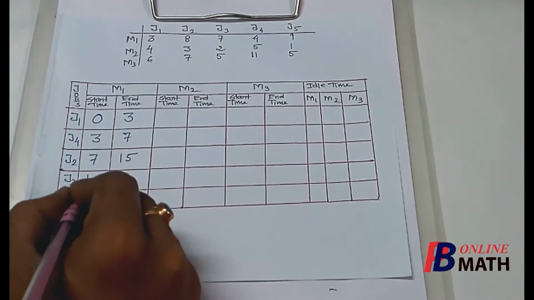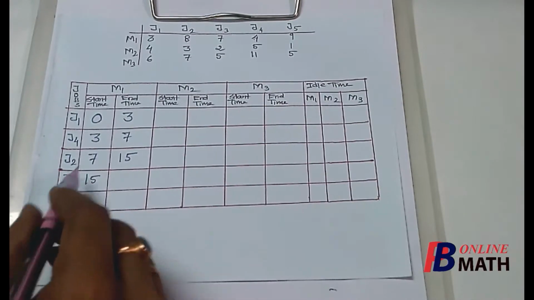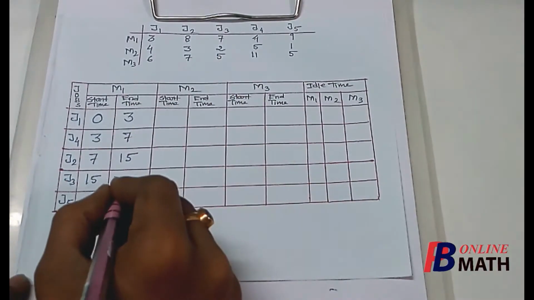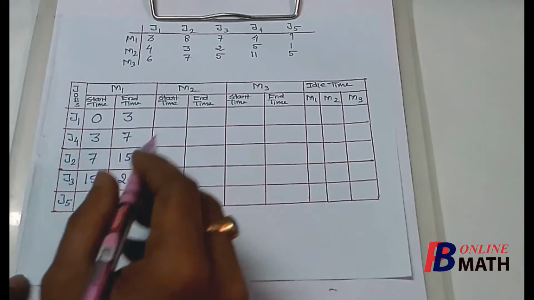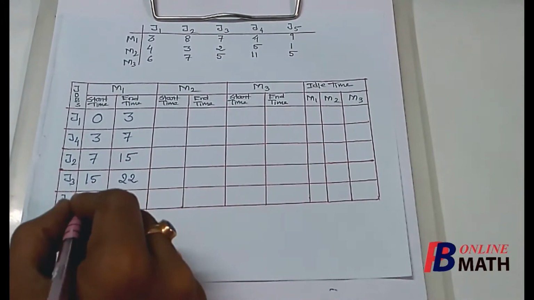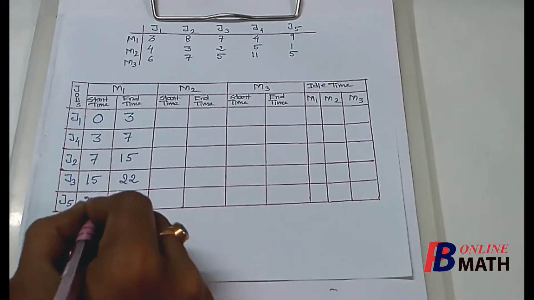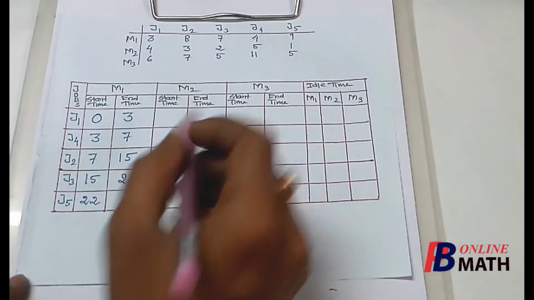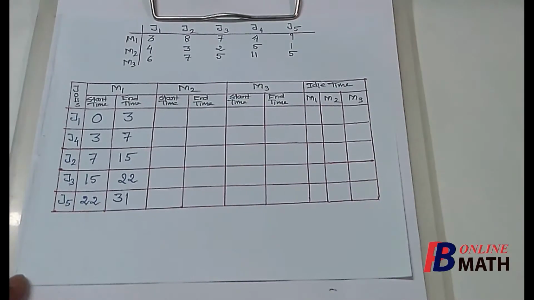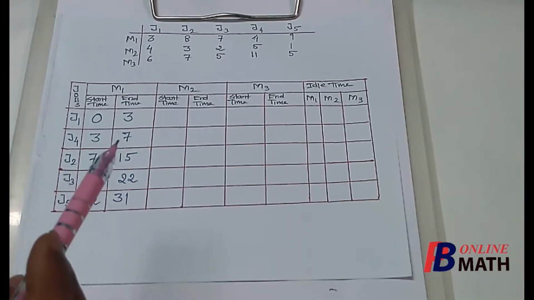For J3 start time is 15 and end time will be 15 plus 7, which is 22. And finally for J5 the start time is 22 and end time is 22 plus 9, which is 31. So we have obtained the start time and end time for each job on machine M1.